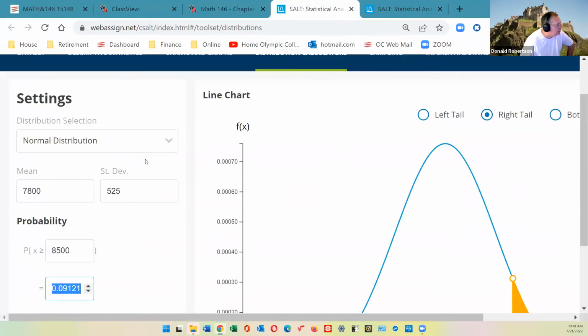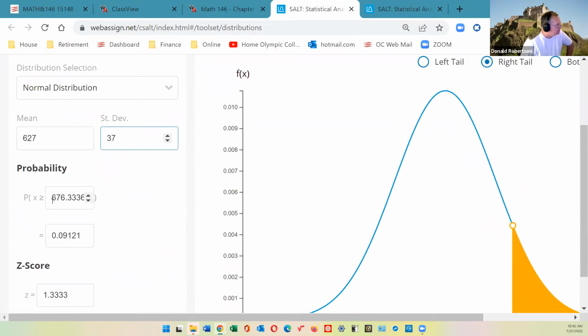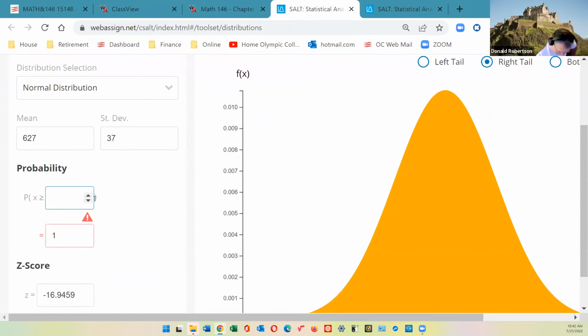I'll click into that one. I'll put in the mean, which is 627. I'll change the standard deviation to 37. I'm already set up for more than, and I want to know more than 646.